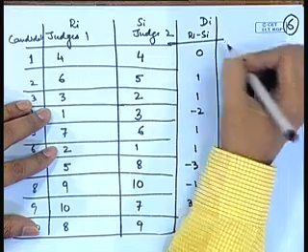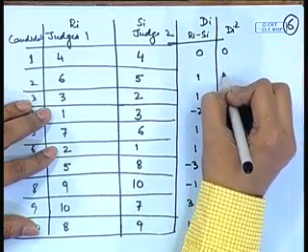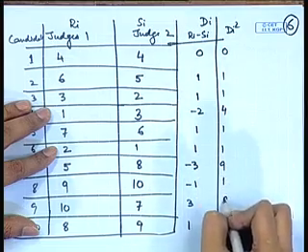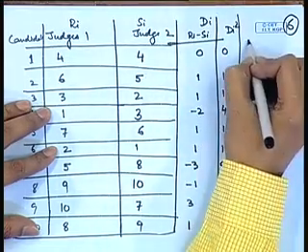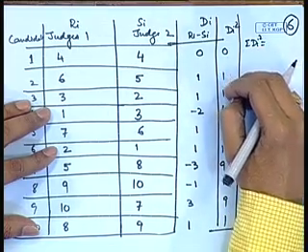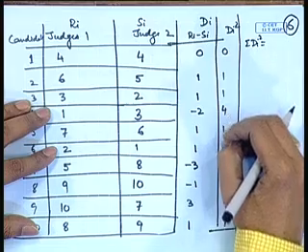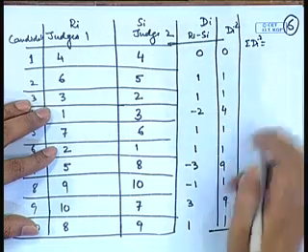So, if we look at Di square, that is 0, 1, 1, 4, 1, 1, 9, 1, 9, 1. So, sigma Di square is equal to 1 plus 1 plus 4, and so on, which gives 28.